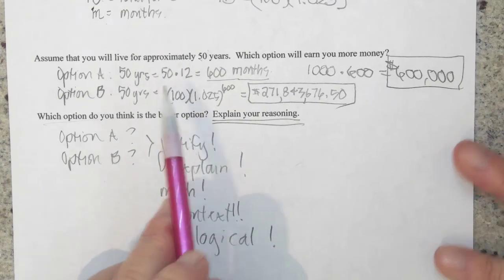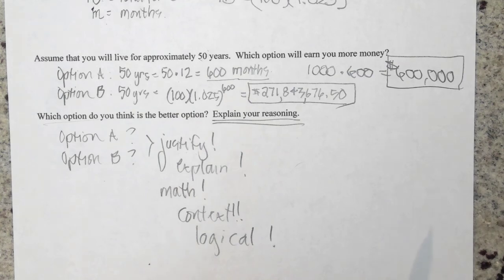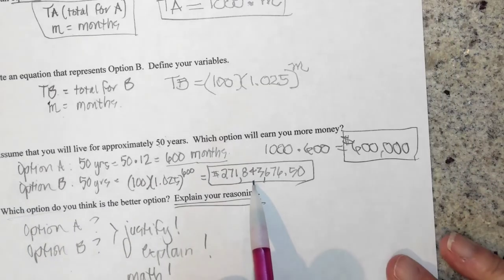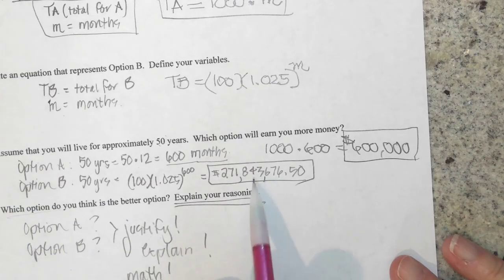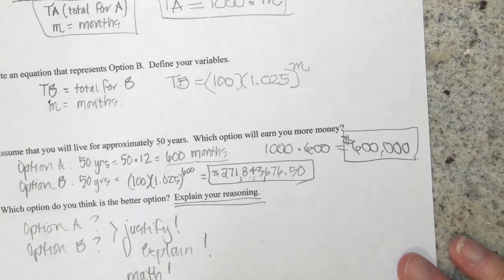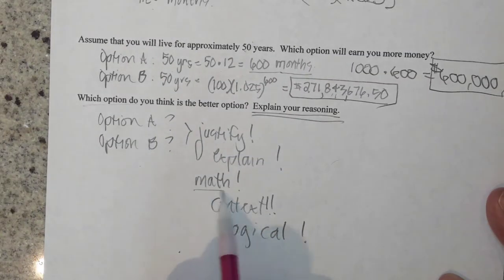Gosh, you know what? For the rest of my life, I'm going to get $1,000 every month. I could really use that $1,000. Option B, wow. You know what? I'm not going to start out with very much, but over time it's going to grow. Look, in 50 years' time. It's up to you. Make sure. MCL.